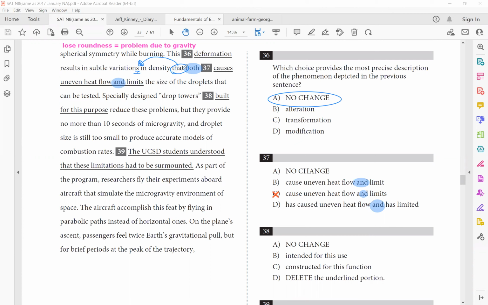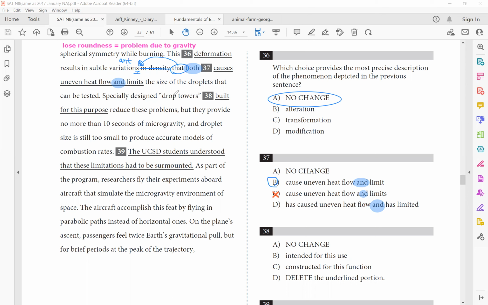I would say this is a very tricky one because usually it's the noun right before, but in density here is an essential prepositional phrase that modifies variations. So variations is your antecedent, which is plural. That's why for 37, the answer is B.